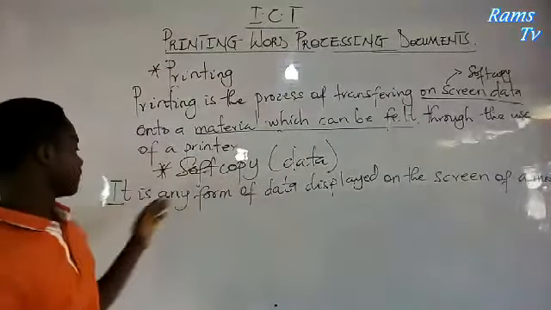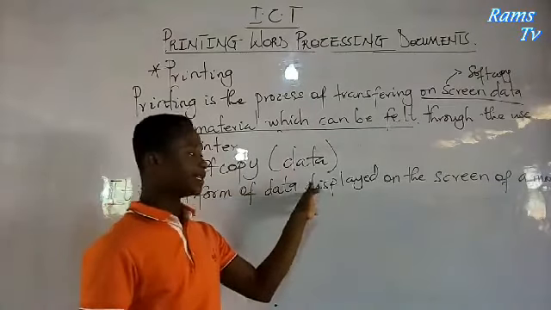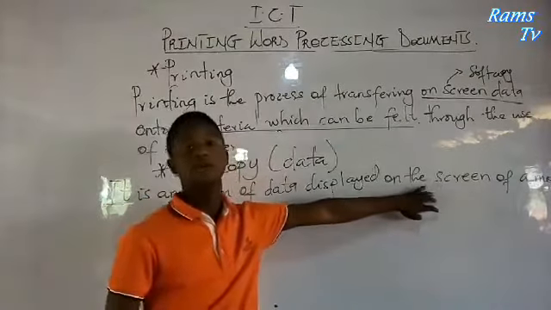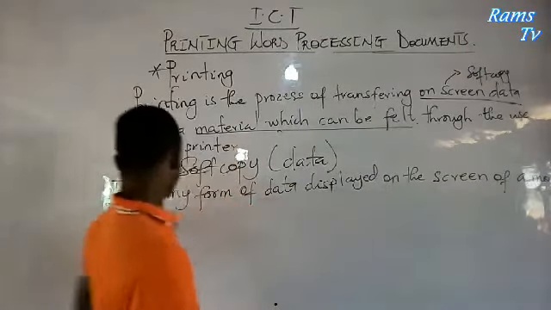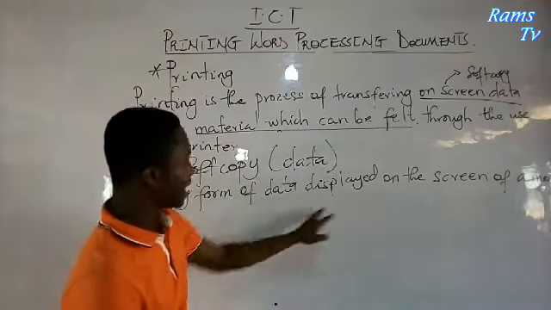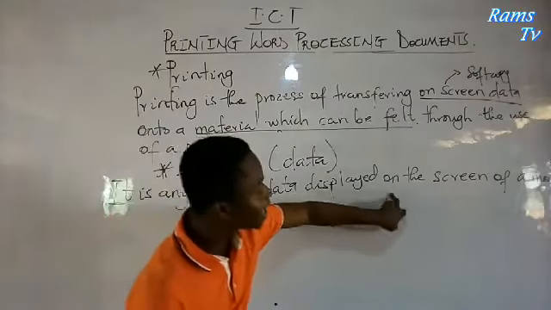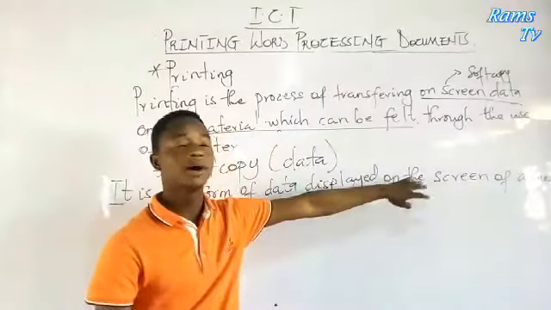So soft copy is any form of data or information displayed on the screen of a monitor. Again, soft copy form of data is any data displayed on the screen of a monitor.